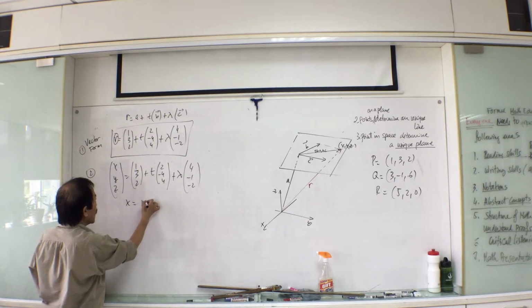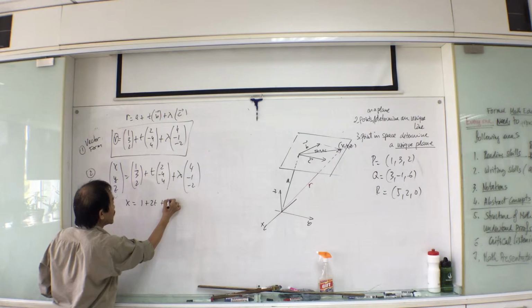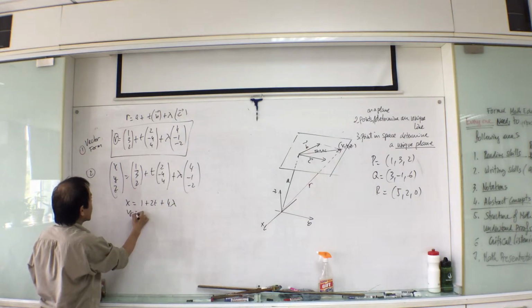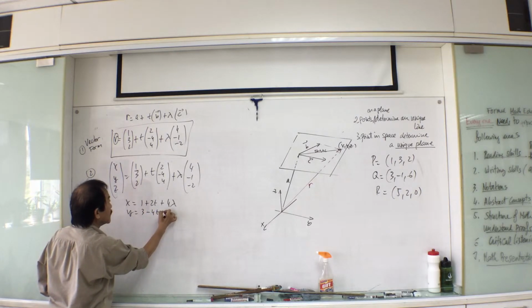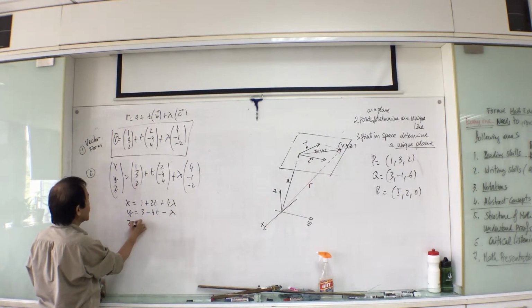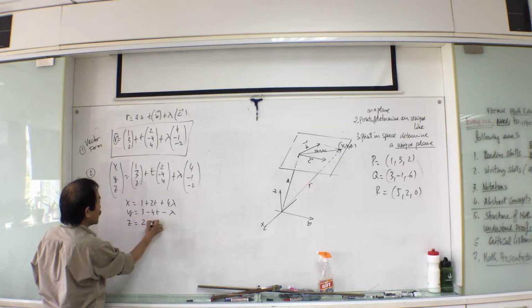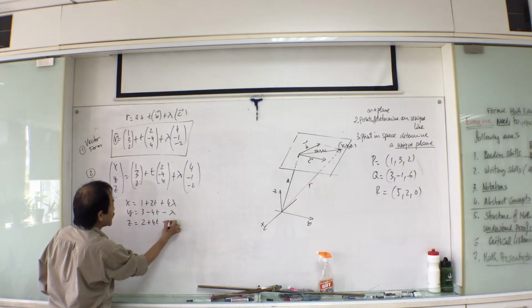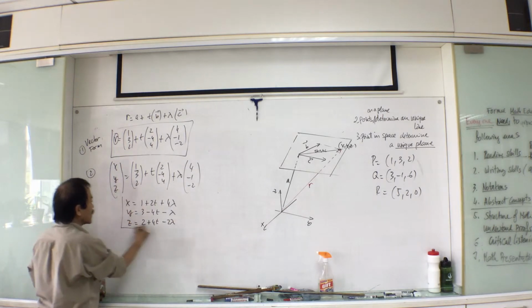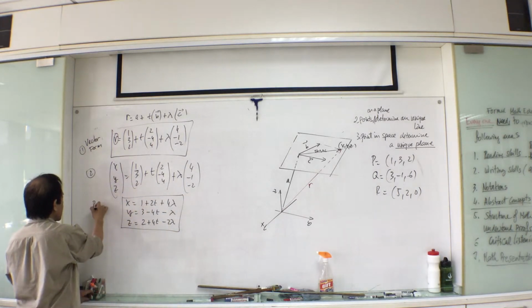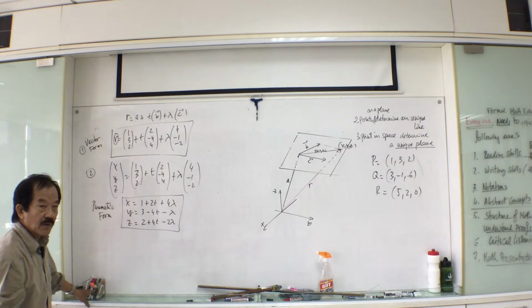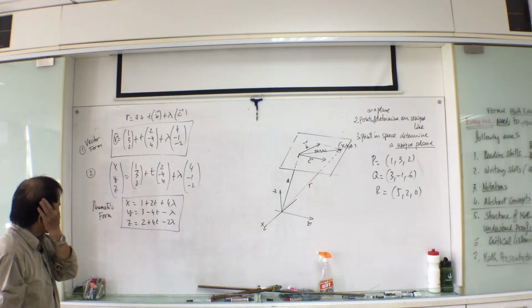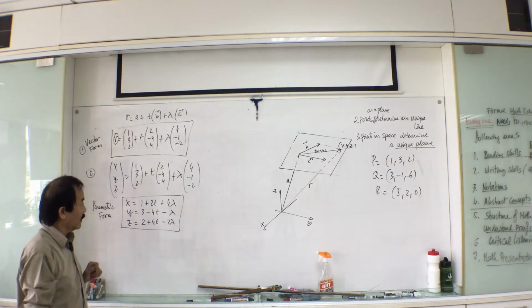X equals 1 plus 2t plus 4 lambda. Y equals 3 minus 4t minus lambda. And z equals 2 plus 4t minus 2 lambda. So this one we call parametric form, where T and lambda are called parameters. Okay, so now this is the second form of the plane.